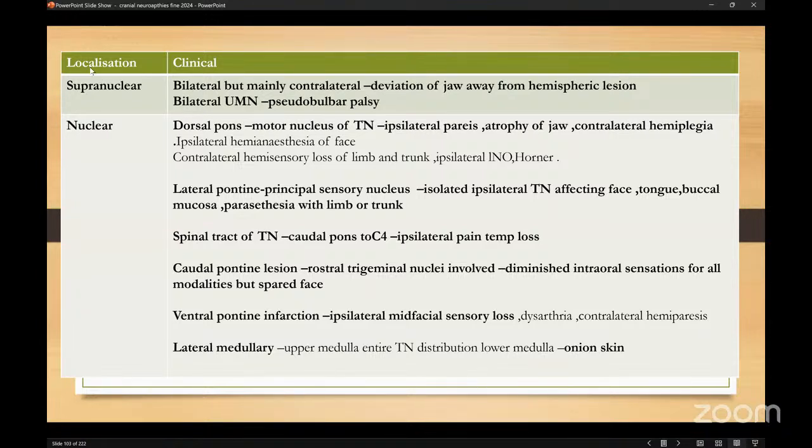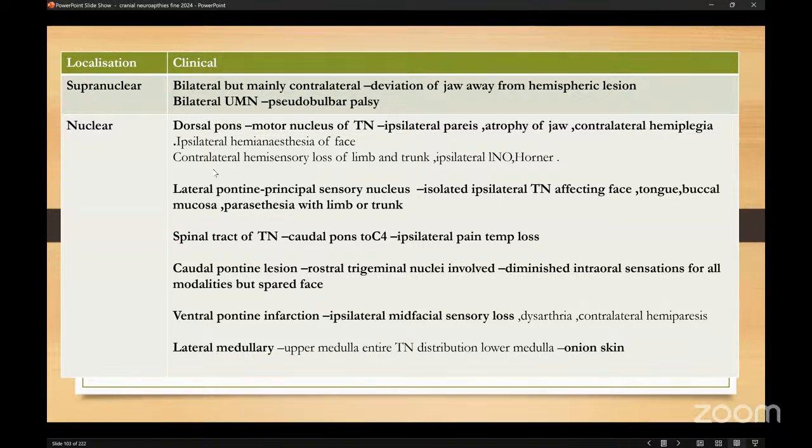Can it be UMN jaw paralysis? So the jaw is usually bilaterally supplied, but mainly contralateral. So if, for example, a right hemispheric lesion is there, the jaw will deviate to the left side, to the paralyzed side. Okay. If it is bilateral UMN jaw involvement, it is pseudobulbar palsy. So you can differentiate it by checking the jaw jerk or the facial reflexes.